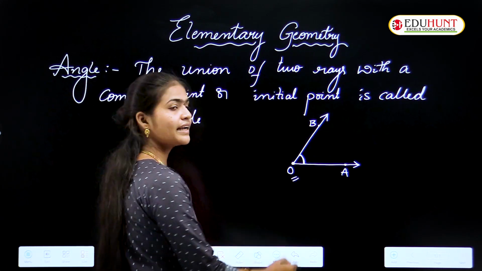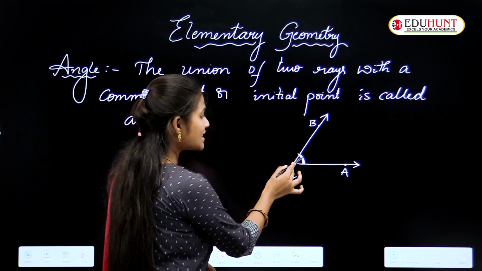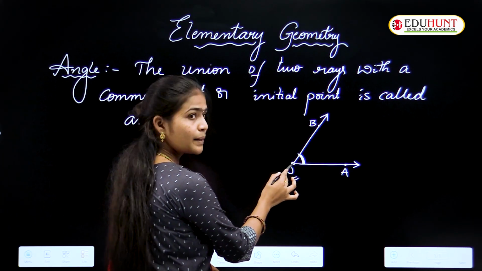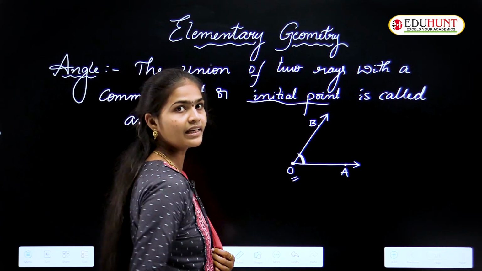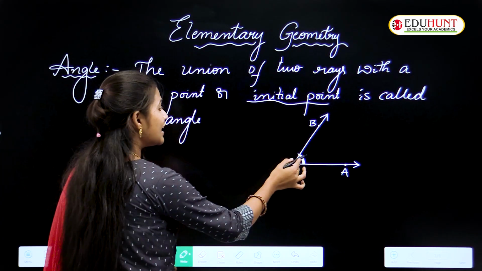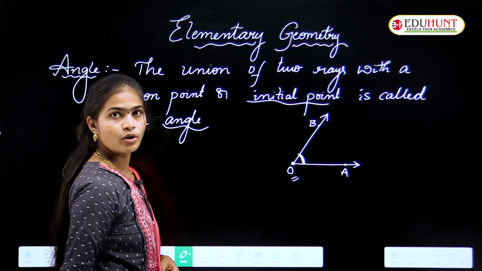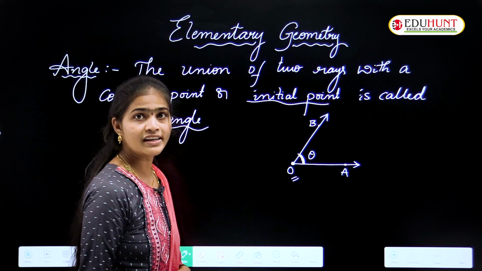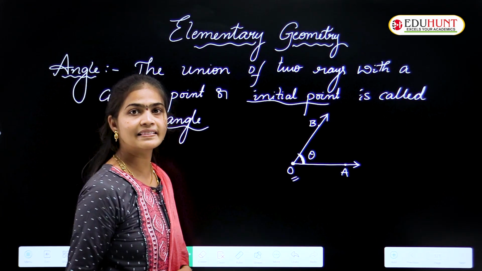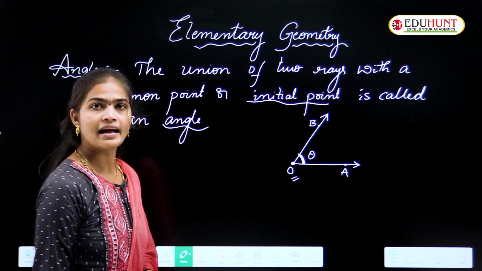Yes, the common point is O. The union of two rays is formed at the common point, which we call the initial point. The region that is formed, we consider it as an angle. Here I am going to take this one as theta. What do we call that symbol? That symbol is theta. Okay, so this is the definition of angle.